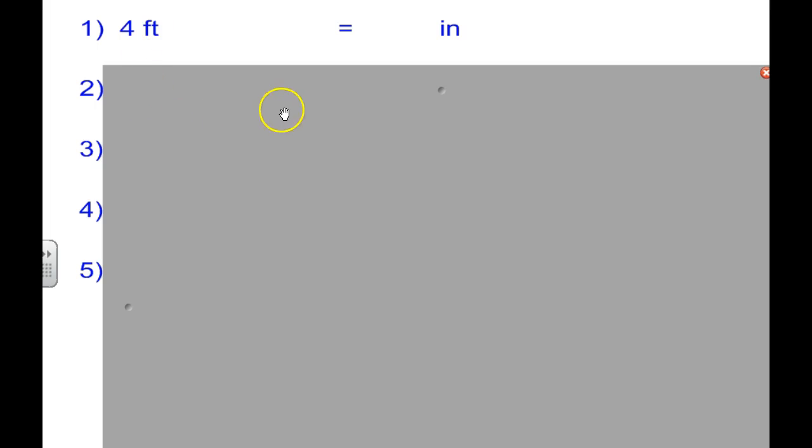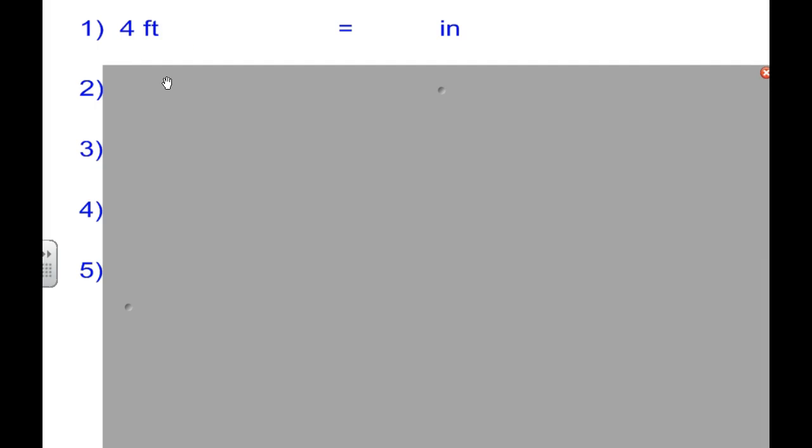So, to change from one unit to another, we use conversion factors. Each time you are asked to convert from one unit to another, we start with the question, 4 feet. We're changing it over here to inches, okay? So we spread it out because we're going to multiply 4 feet by a conversion factor that gives us inches.